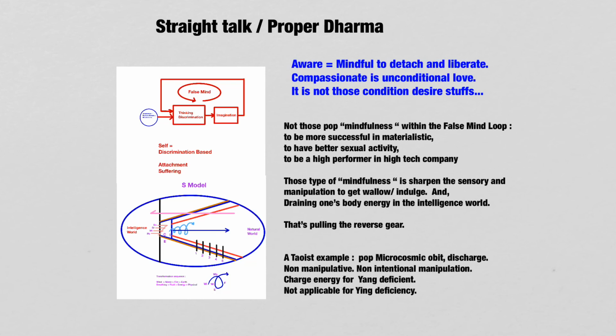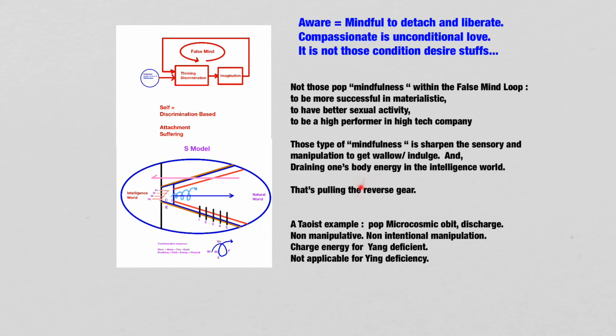What does that do? That drains one's body energy within the intelligent world. So that's pulling reverse gear. So today's mindfulness meditation, you look at it, the majority is actually pulling reverse gear.